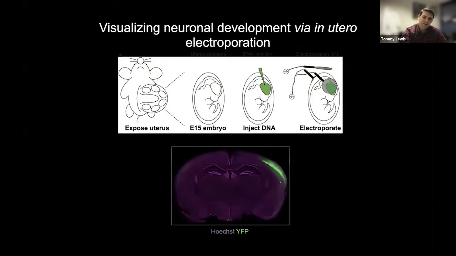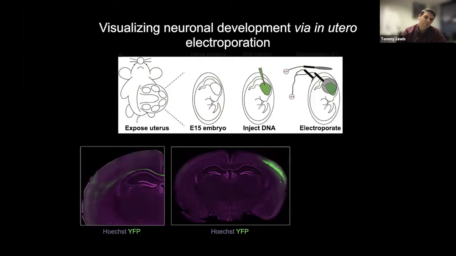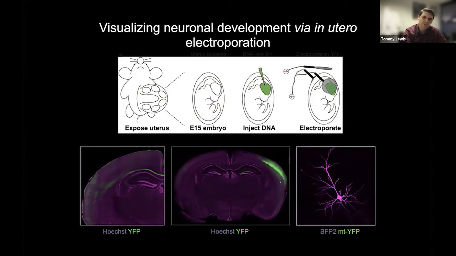By timing this and targeting the electroporation, we can target a specific population of cortical neurons in the brain called layer 2-3 cortical pyramidal neurons. And then we can follow either macro-level events such as axonal development and branching, or we can look at a single cell level and look at mitochondria structure in a neuron that developed in a physiological environment.